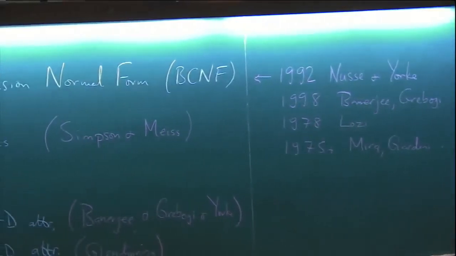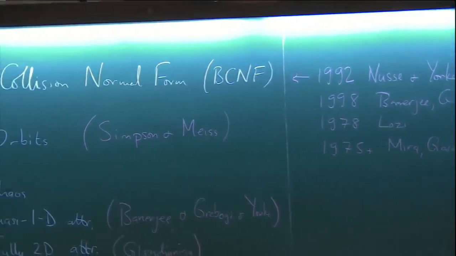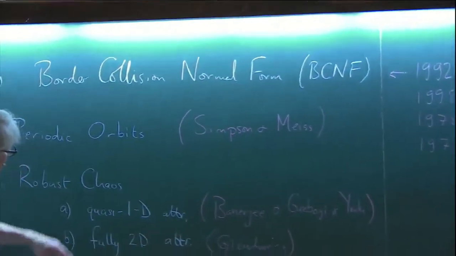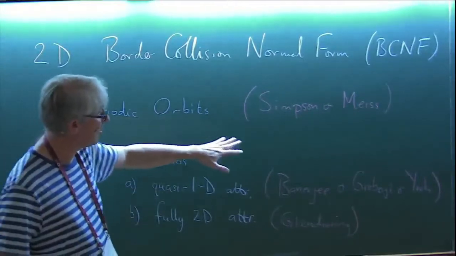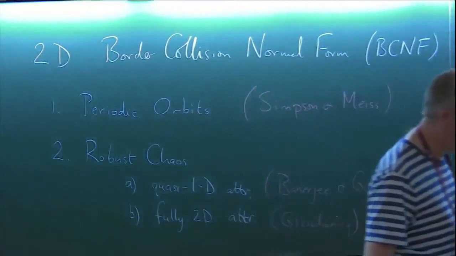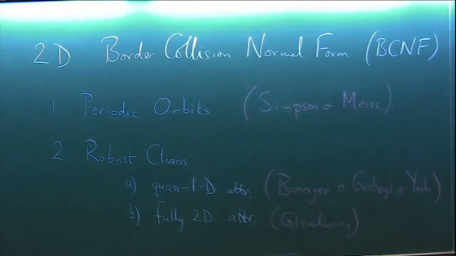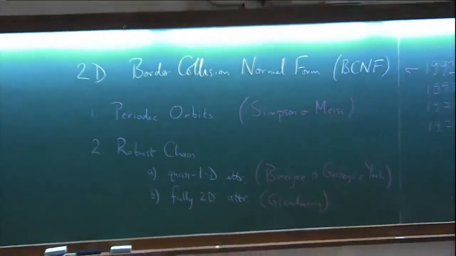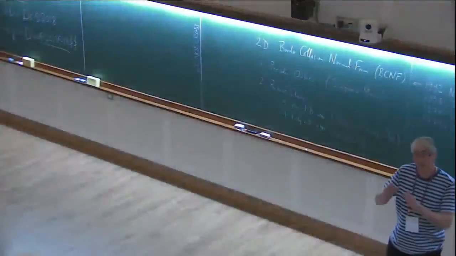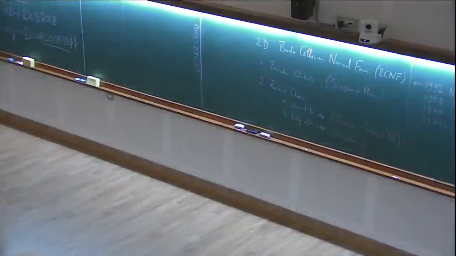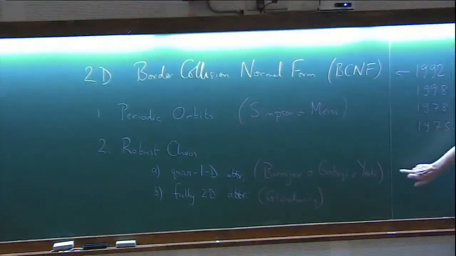Periodic orbits, quasi-1D, fully 2D. If you were trying to think about what we were doing before, the periodic orbits is very much about trying to understand the bifurcation structure. So this links with the bifurcation analysis that people like Victor do, and which you've seen for the one-dimensional cases.